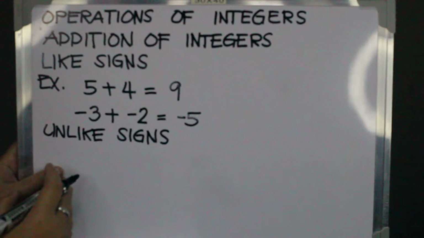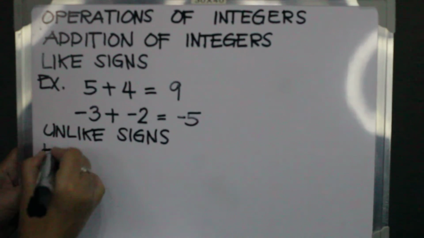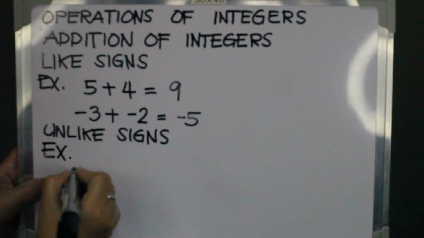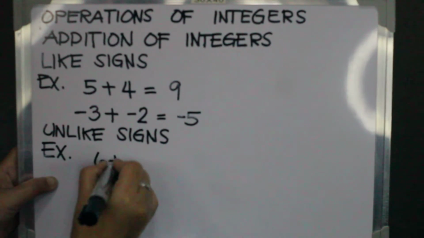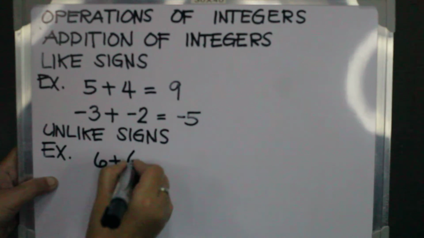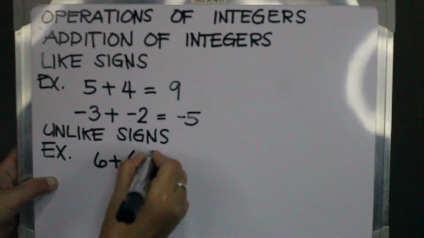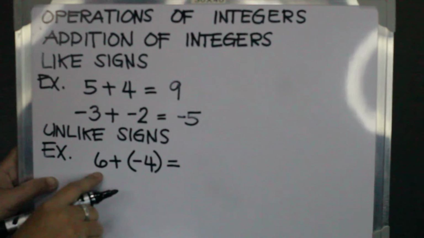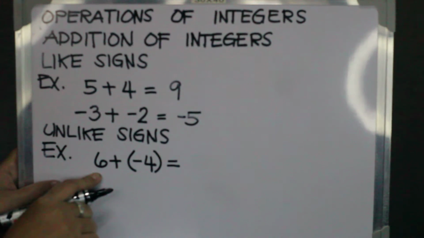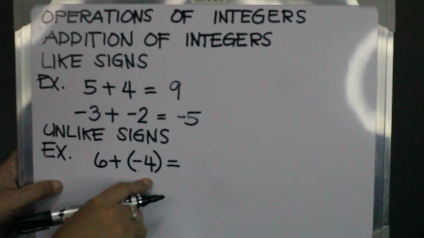Let's say for example, positive 6 plus negative 4 is equal to what? One is a positive integer and the other one is a negative integer. So what would be the rule if we have unlike signs?